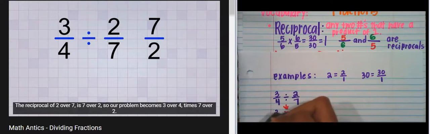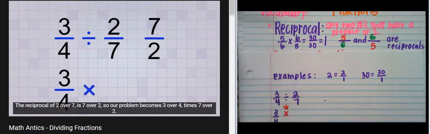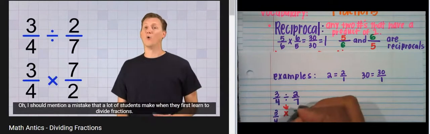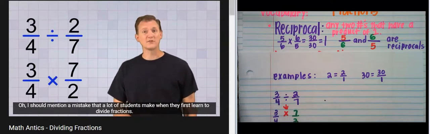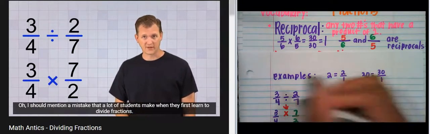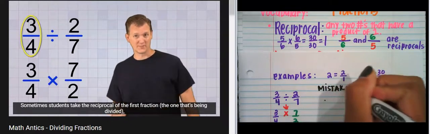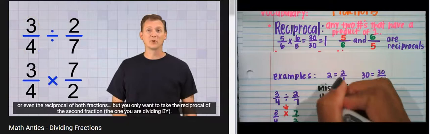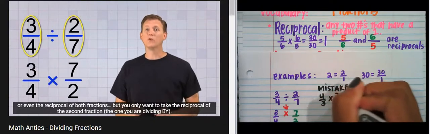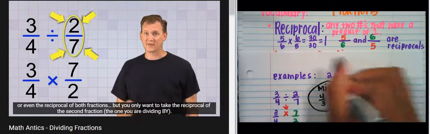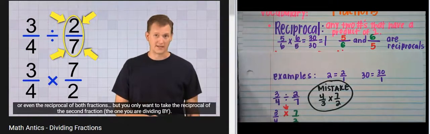So our problem becomes 3 over 4 times 7 over 2. Oh, I should mention a mistake that a lot of students make when they first learn to divide fractions. Sometimes students take the reciprocal of the first fraction, the one that's being divided, or even the reciprocal of both fractions. But you only want to take the reciprocal of the second fraction, the one you're dividing by.